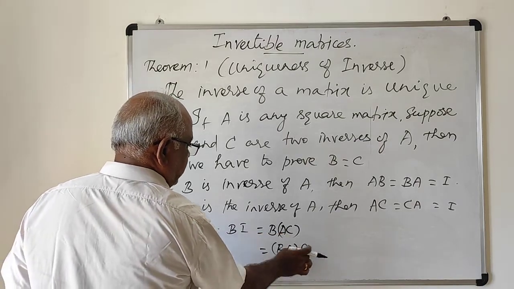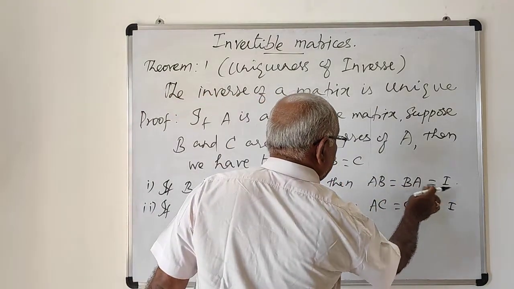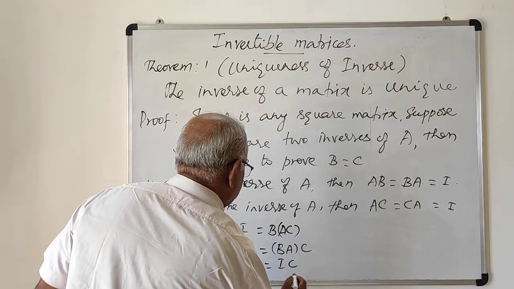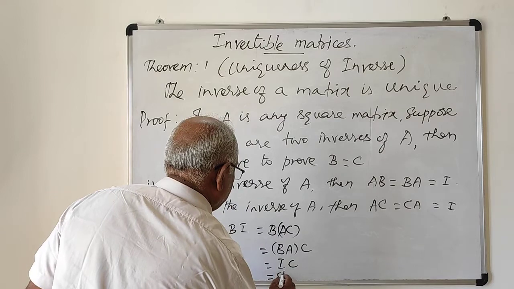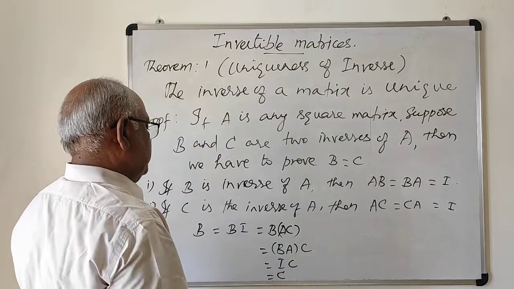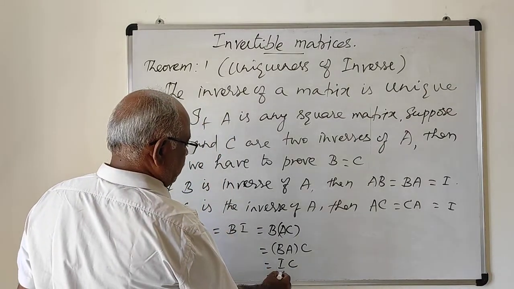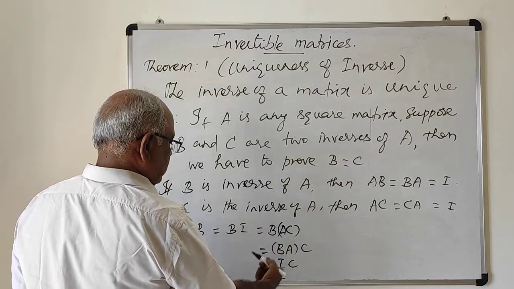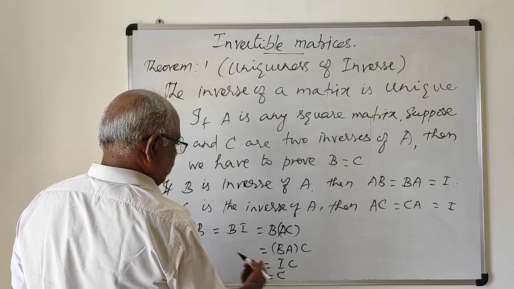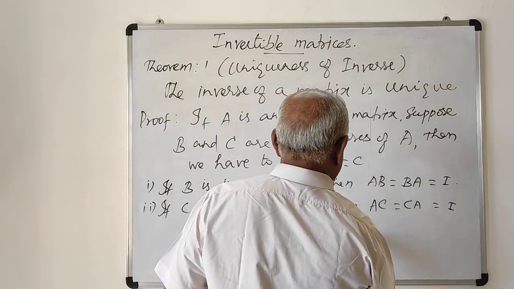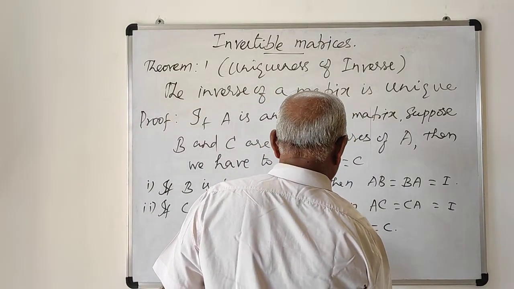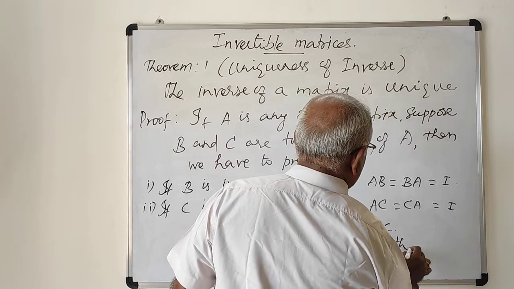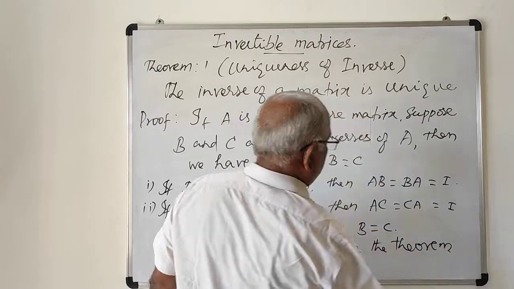What is BA? It is I again. IC is again equal to C. Therefore, B equals C. Hence, the theorem.